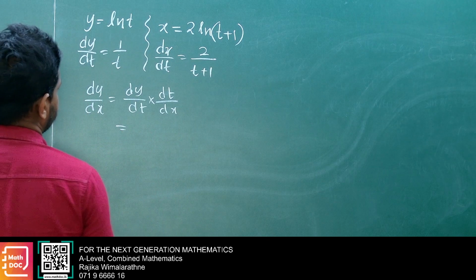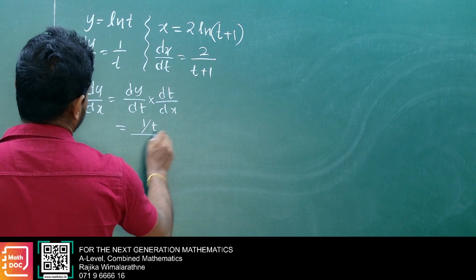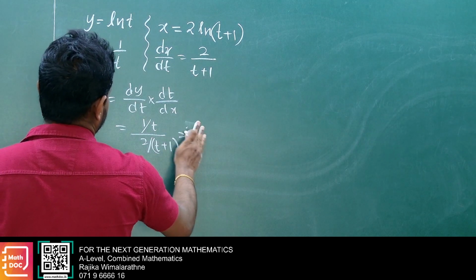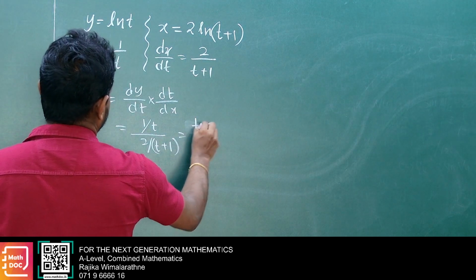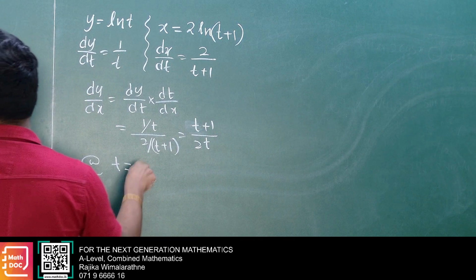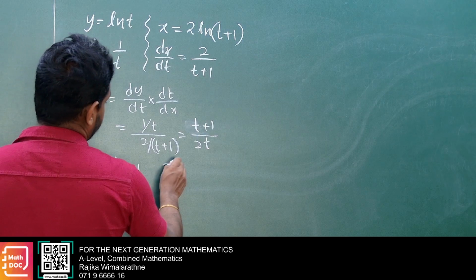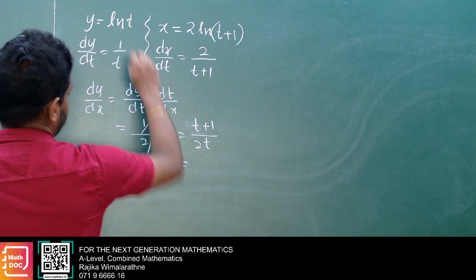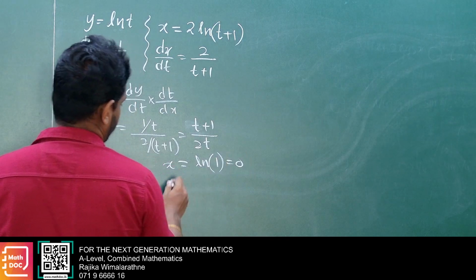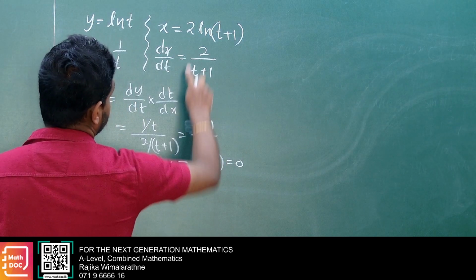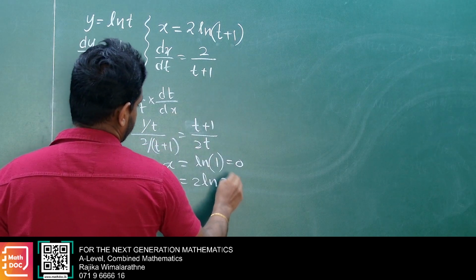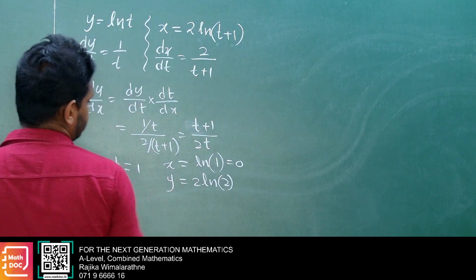Then dy by dt is 1 over t times 2 over t plus 1, simplify: (t plus 1) over 2t. Then at t equals 1, find x first: ln 1 is 0. y is 2 ln 1 plus 1, which we can't simplify further.